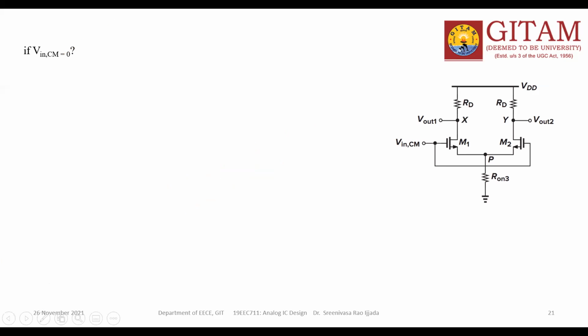If VinCM is equal to 0, what happens? This is 0 and this is 0. Because VinCM is applied to the two gates, this will be off and this will be off. Am I correct?